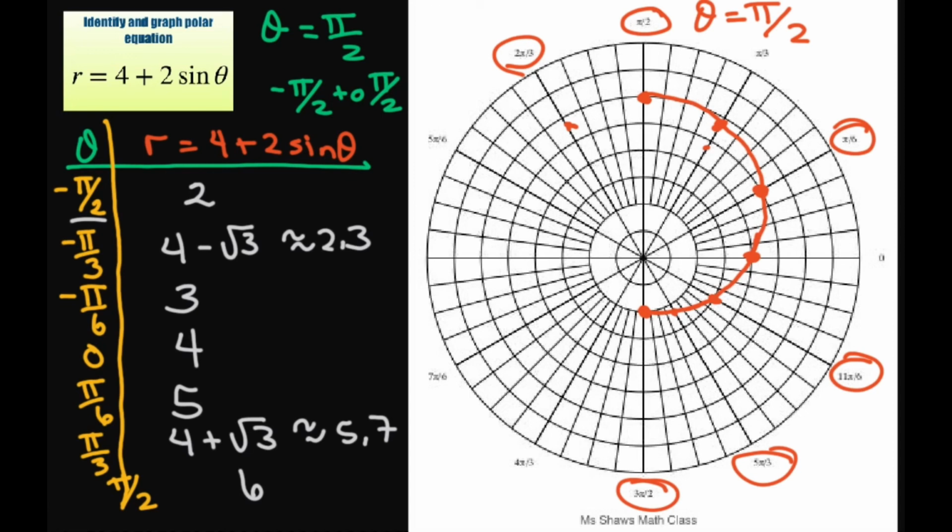At 0, we're going to be at 4. And then we're going to be at 3, then at 2.3, and then back to here, so we can continue on.